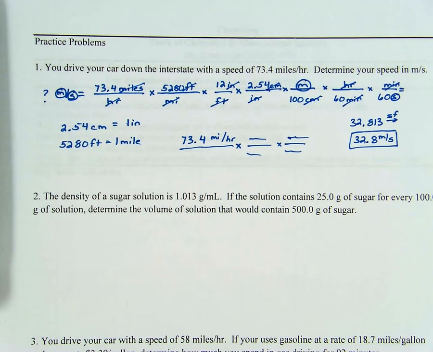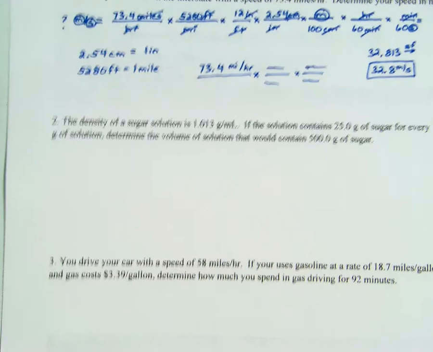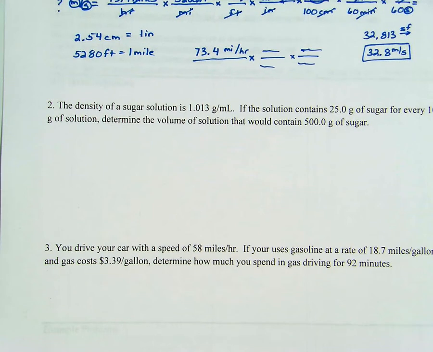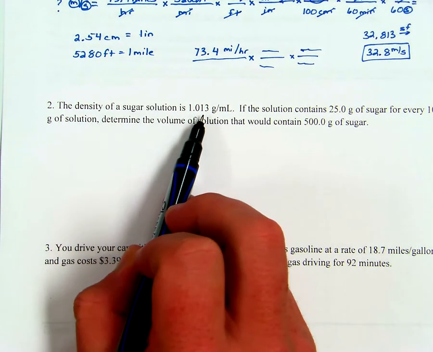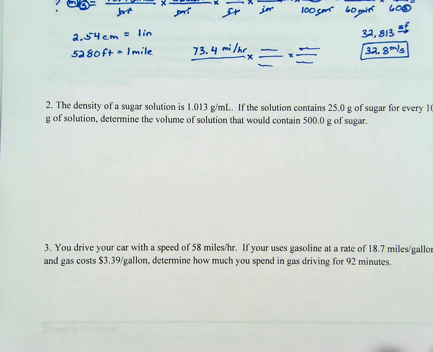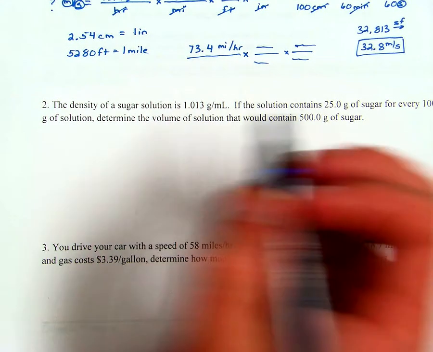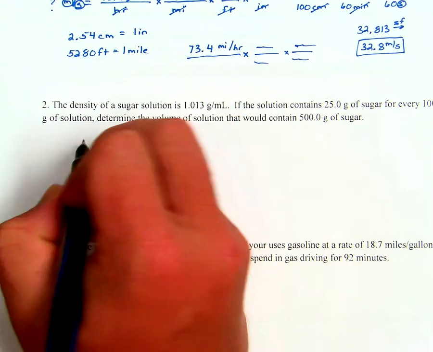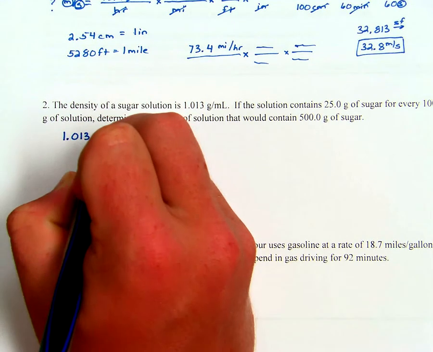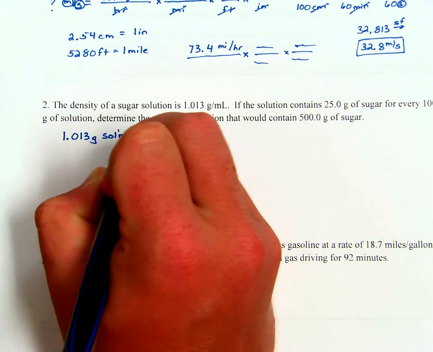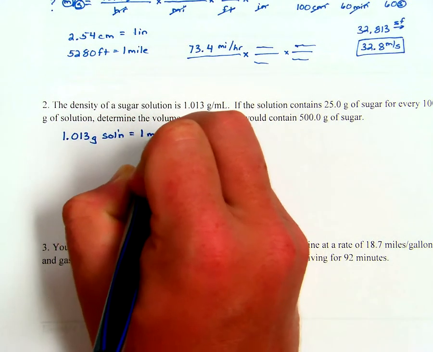Alright, 3 more to go here. So number 2 is the first time we've seen any problems with density. We're told the density of a sugar solution is 1.013 grams per milliliter. That is a conversion factor. What that tells us is that for every 1.013 grams of solution, there is going to be 1 milliliter of solution.